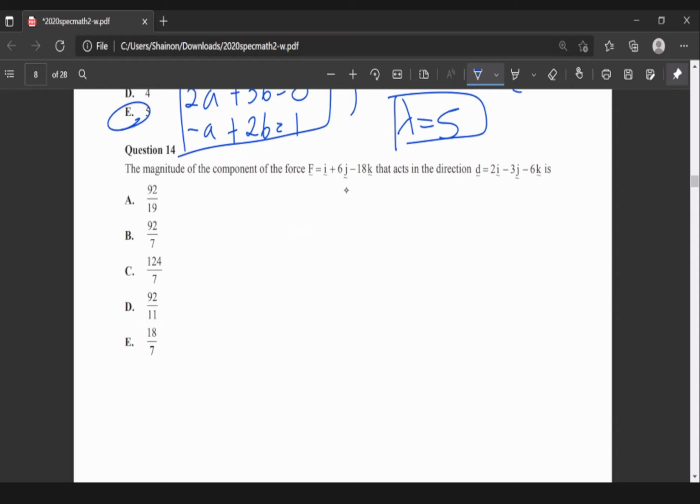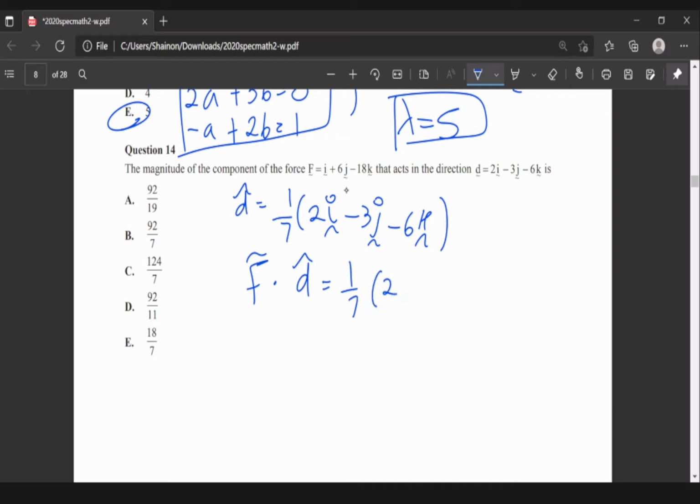Find the magnitude of the component of the force F equals 1 that acts in the direction of 2, -3I, -6K, and F dot D equals, you can use the CAS again for this.